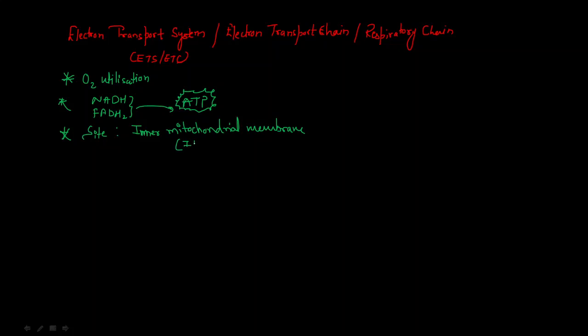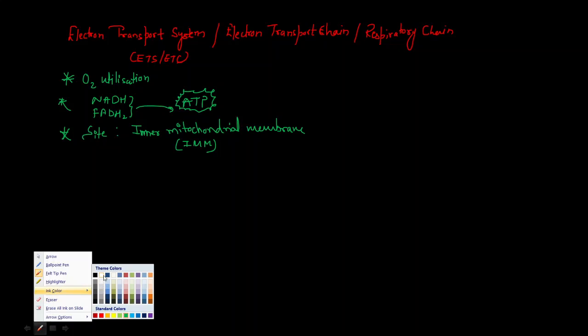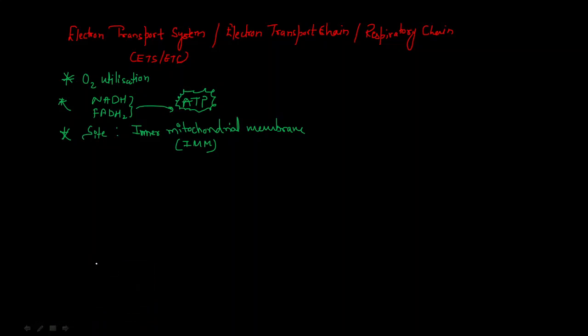Okay, inner mitochondrial membrane. Now, this electron transport system includes two things. Let us just write it down. So it includes two things.